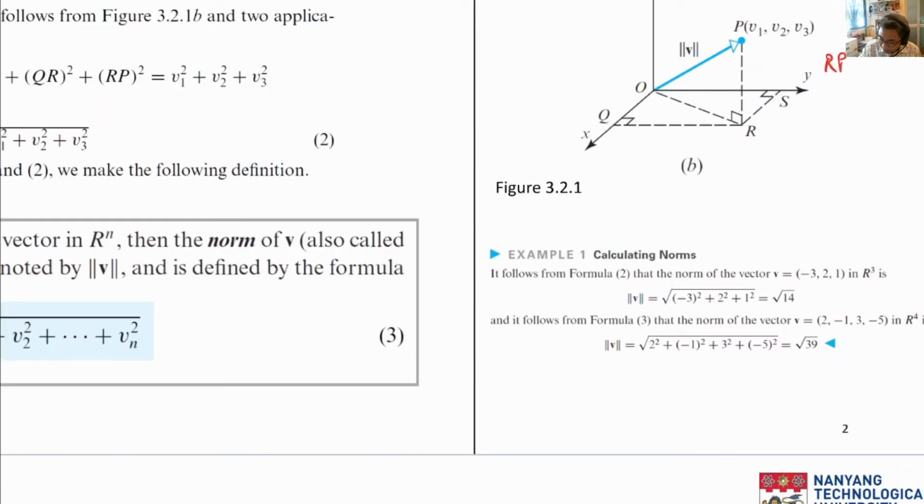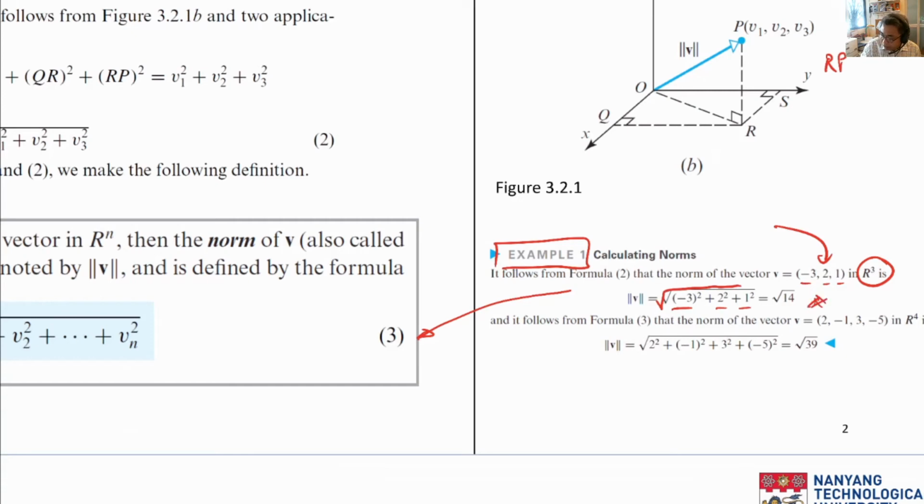Let us see example 1 for an example in R3. We have the coordinates: the first coordinate as -3, the second coordinate as 2, and 1. Remembering equation 3, we basically take the square of each of these coordinates, sum it, and find the square root.